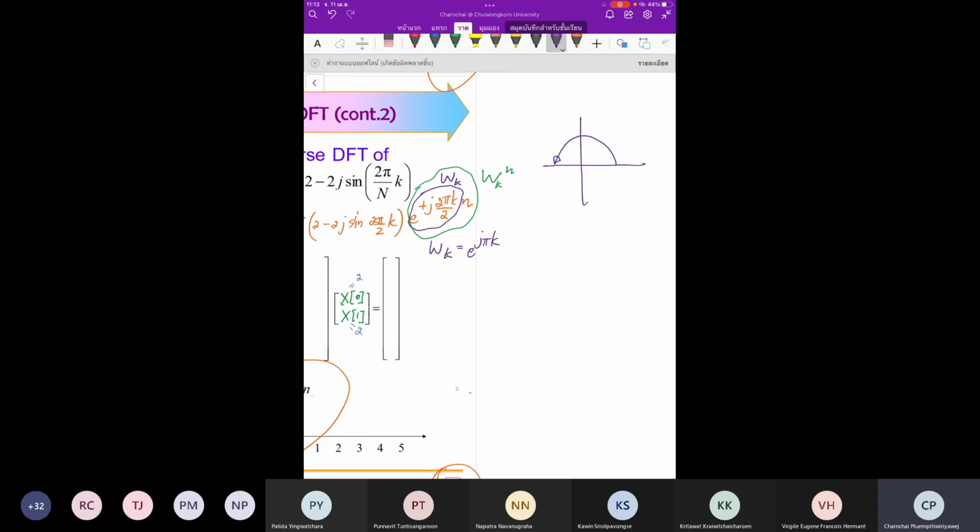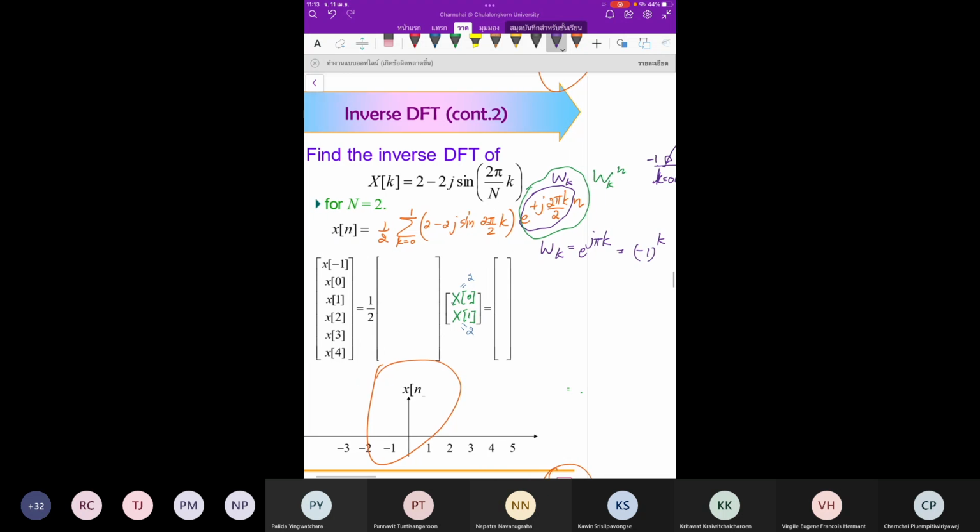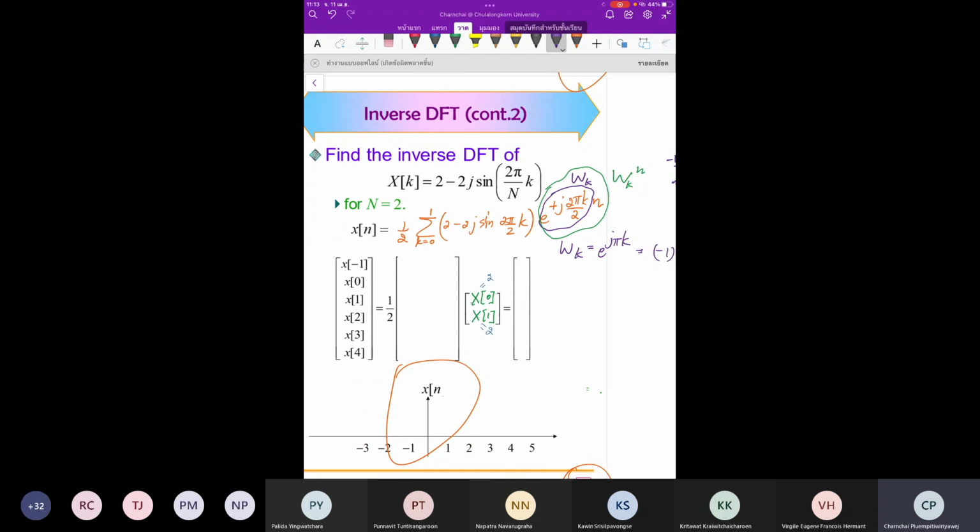Got to be careful here. Okay, so you have k equal to 0 and k equal to 1. This is when k is even, and this is when k is odd, right? We can add a 1 or a negative 1, so it's equal to negative 1 to the power of k.